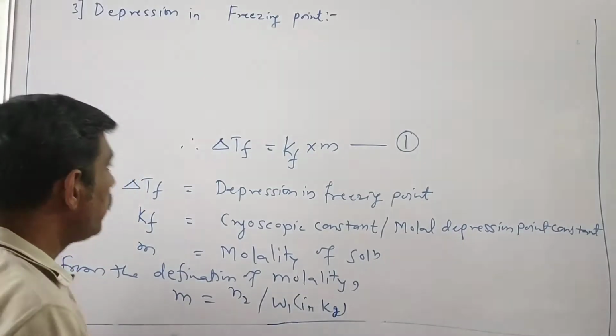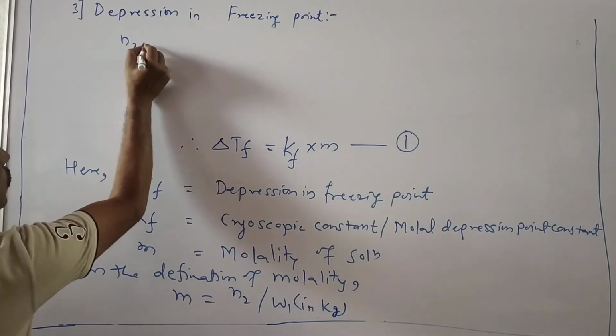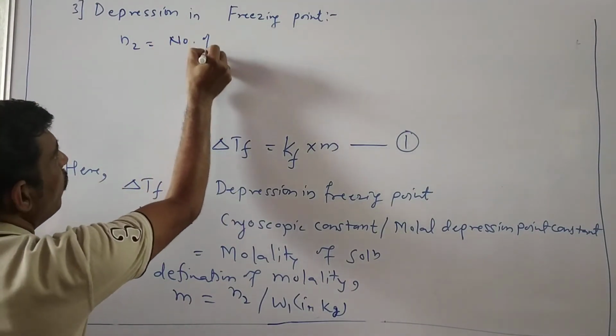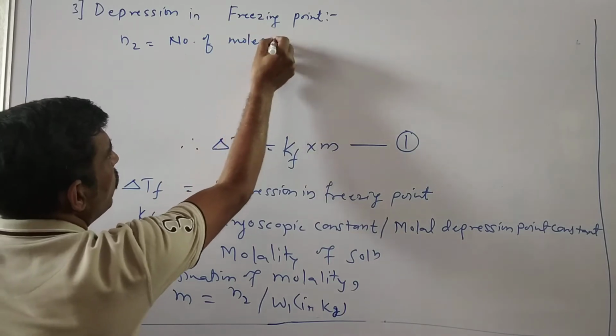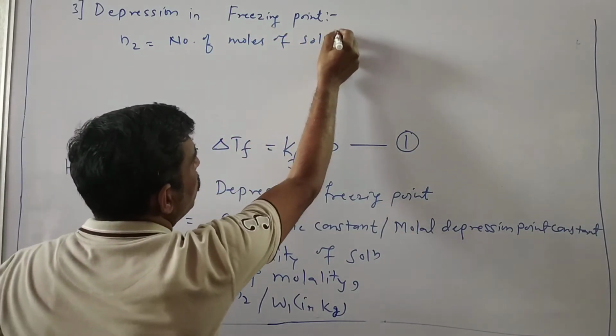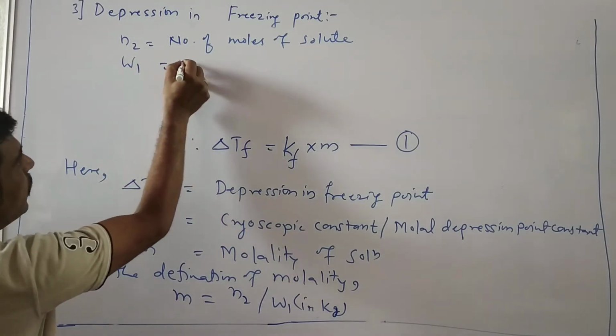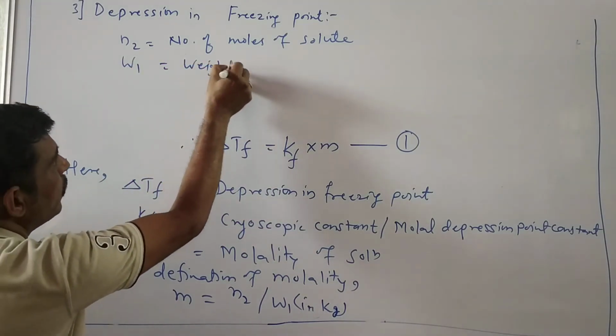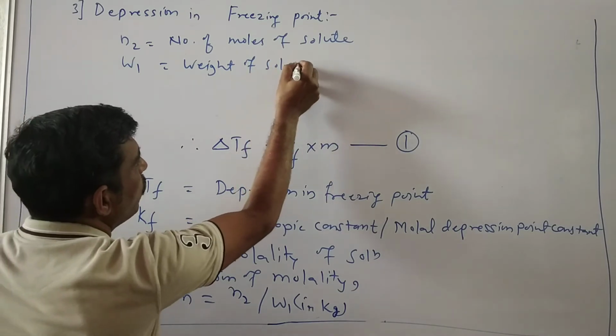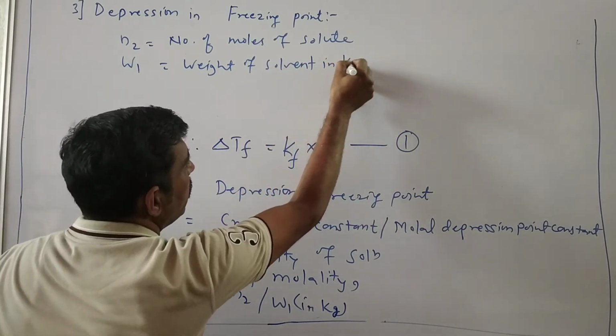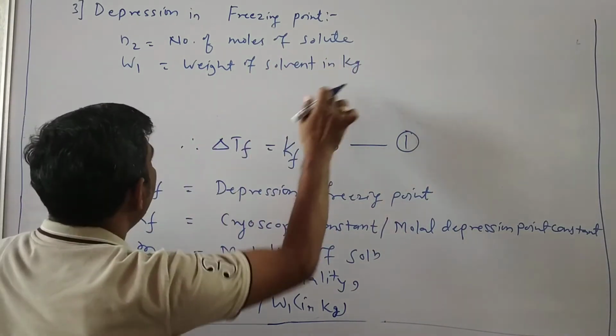So here n2 is the number of moles of solute, and W1 is the weight of solvent in kg. This word is very important.